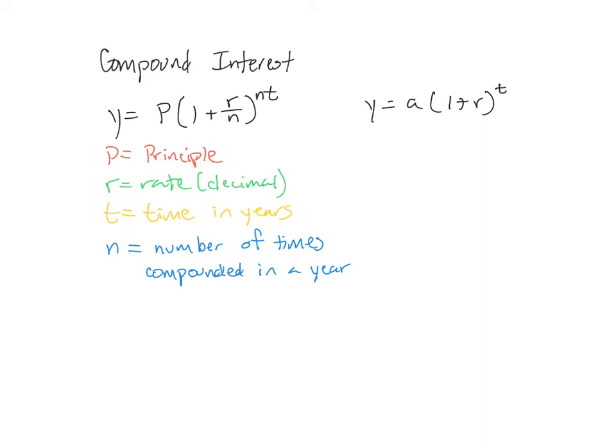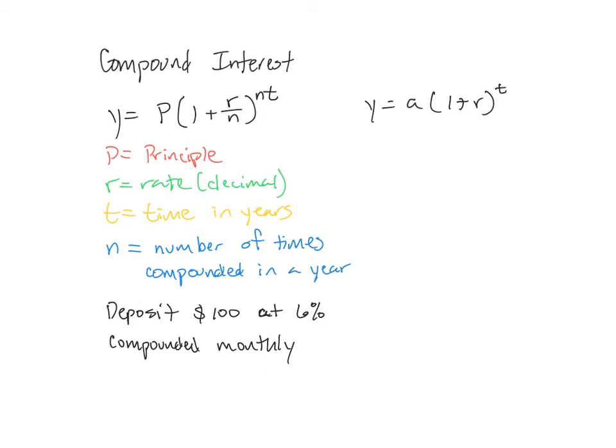The only thing now is we have this N. Okay, so if we had a problem that says you deposit $100 at 6% compounded monthly.